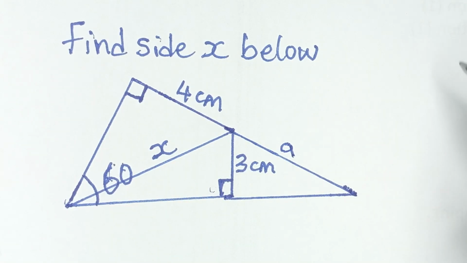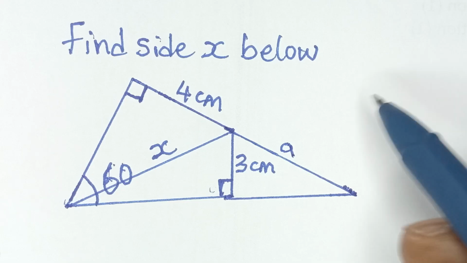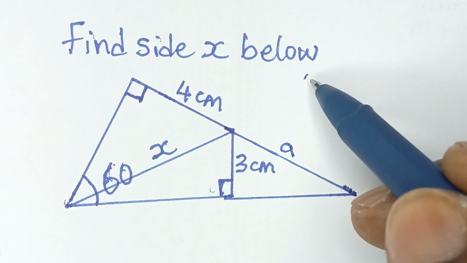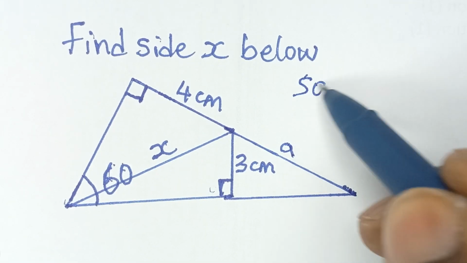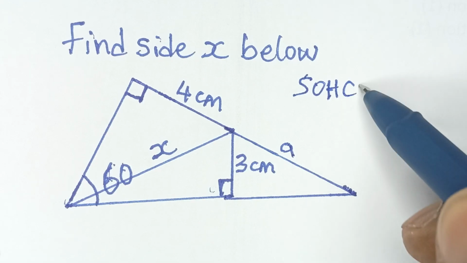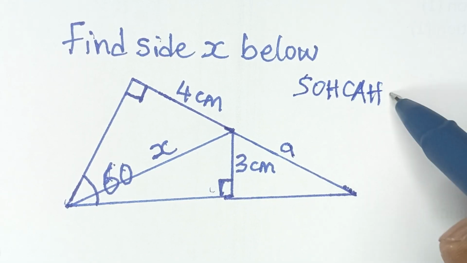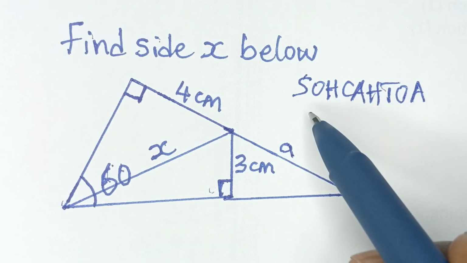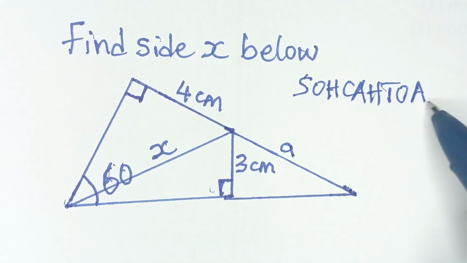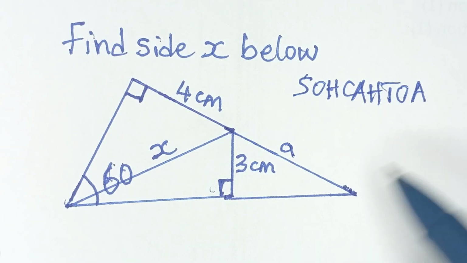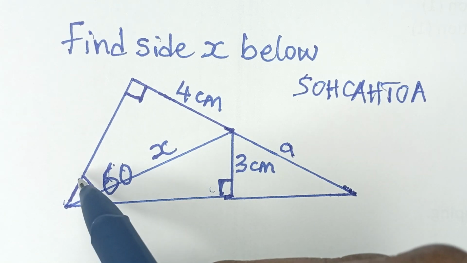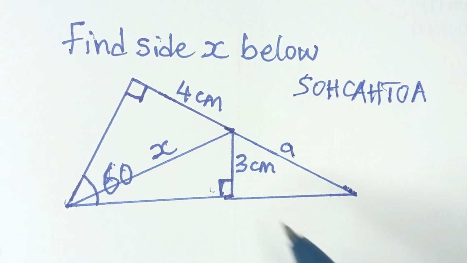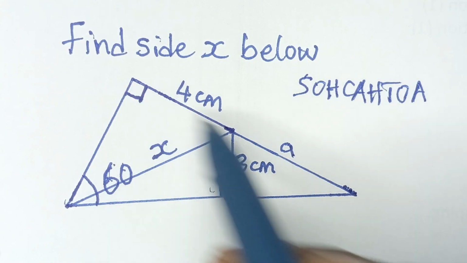So we should not forget SOHCAHTOA. It is very important that we are going to use SOHCAHTOA to solve this problem since we are given an angle. This is the acronym that we can use for trigonometric ratios of angles. This is 60 now, and this is 90.